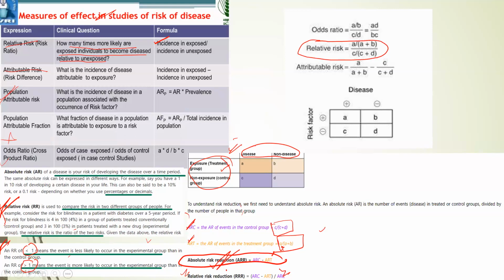So if relative risk is less than 1, the event is less likely to occur in the experimental group because the numerator is less. The experimental group is nothing but the exposed group. And if the relative risk is more than 1, the event is more likely to occur in the exposed group, because again, the numerator is more.